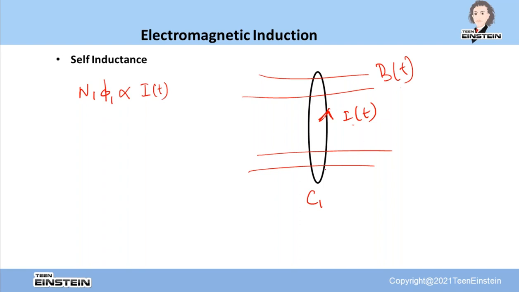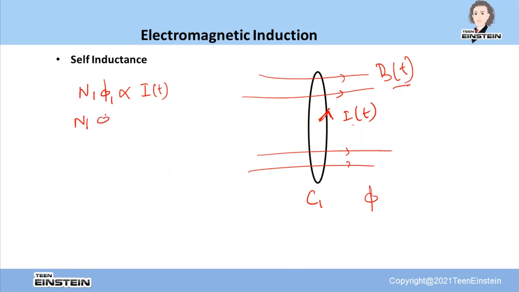So what I'm saying is, if a time varying current is flowing in a coil, the magnetic field produced by this coil will also be time varying. Then the flux linked will also be time varying, because the flux linked in the same coil, in itself, is directly proportional to the current in itself.